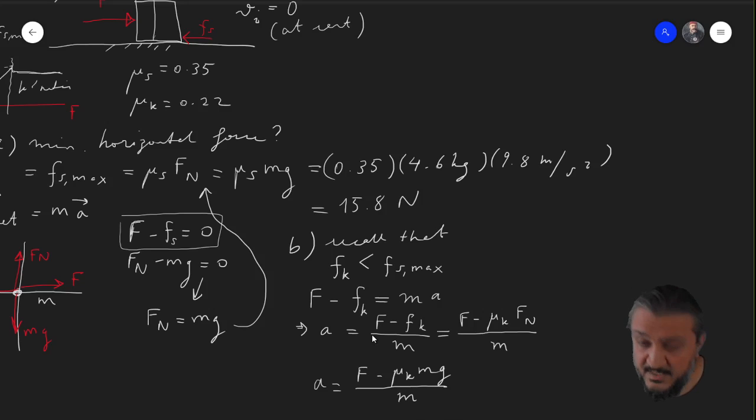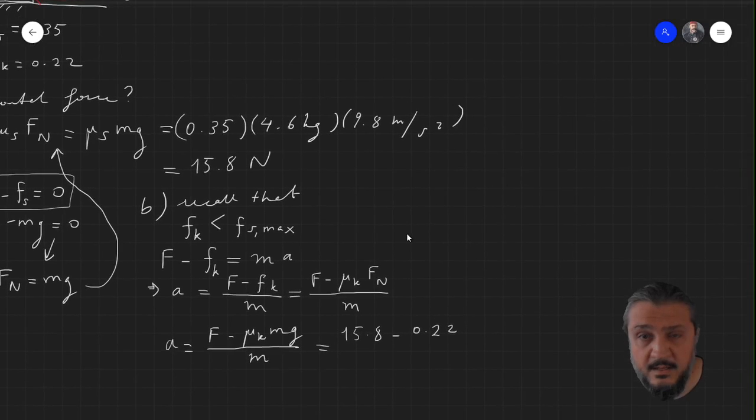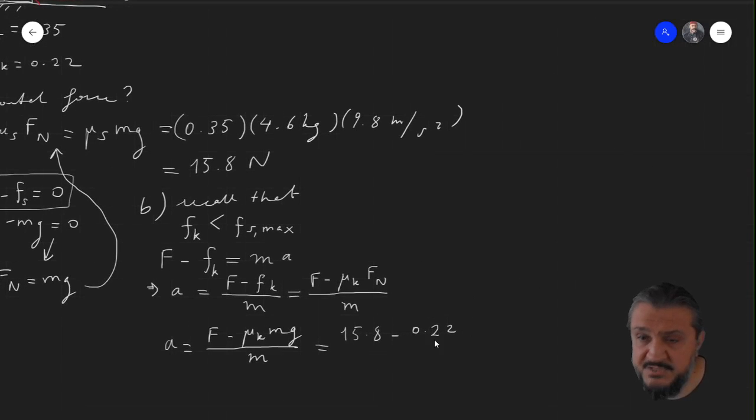So let's plug in 15.8 here and minus 0.22 mg, 4.6, 9.8, divided by 4.6.